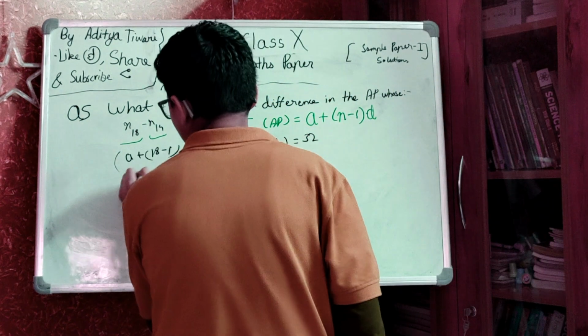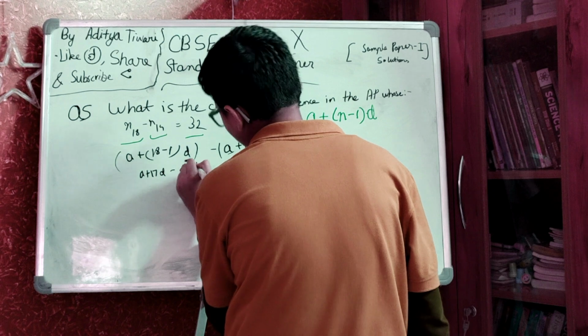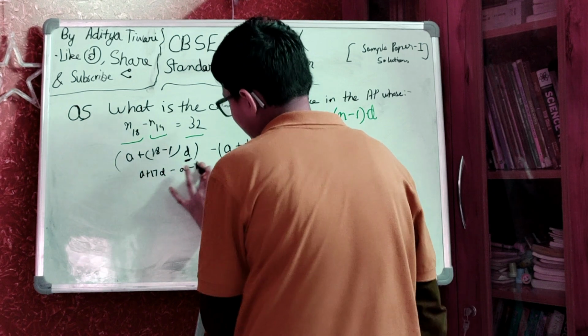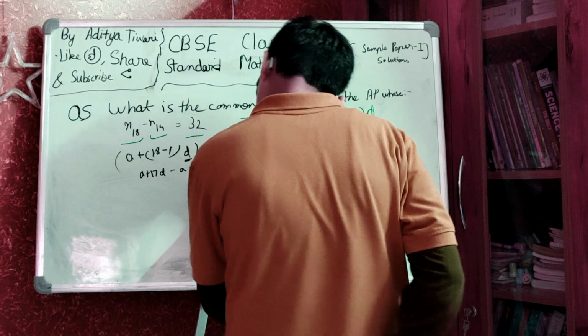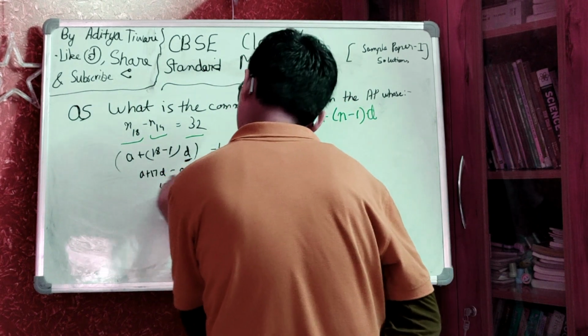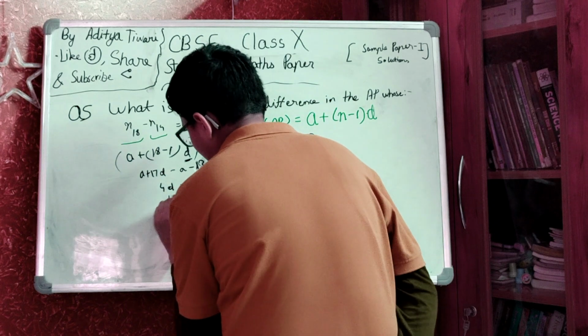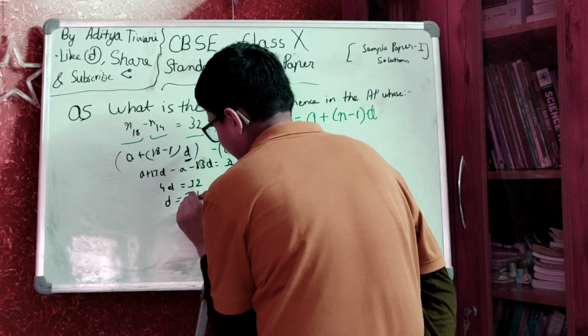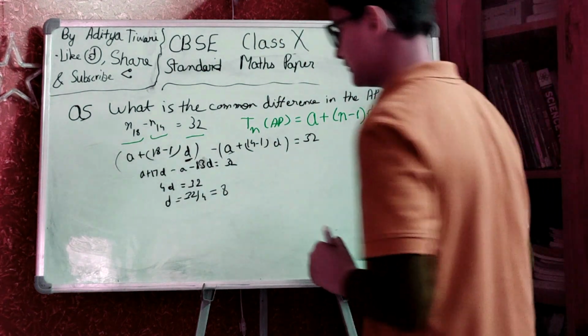So we get A plus 17D minus A minus 13D is equal to 32. So 4D equals 32. So D is equal to 32 by 4 equals 8.